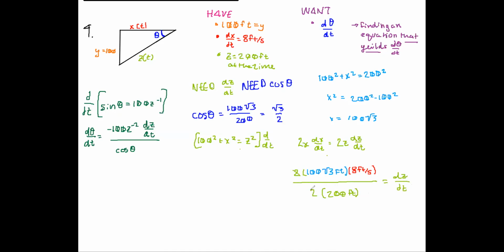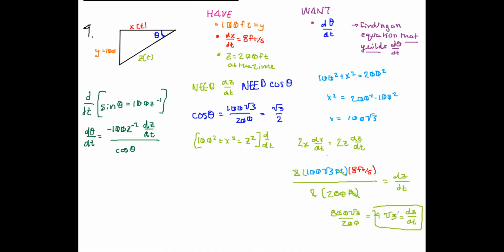So these 2's are going to cancel, these feet are going to cancel, and I'm going to end up with 800 root 3 over 200, or 4 root 3 dz dt. Okay.